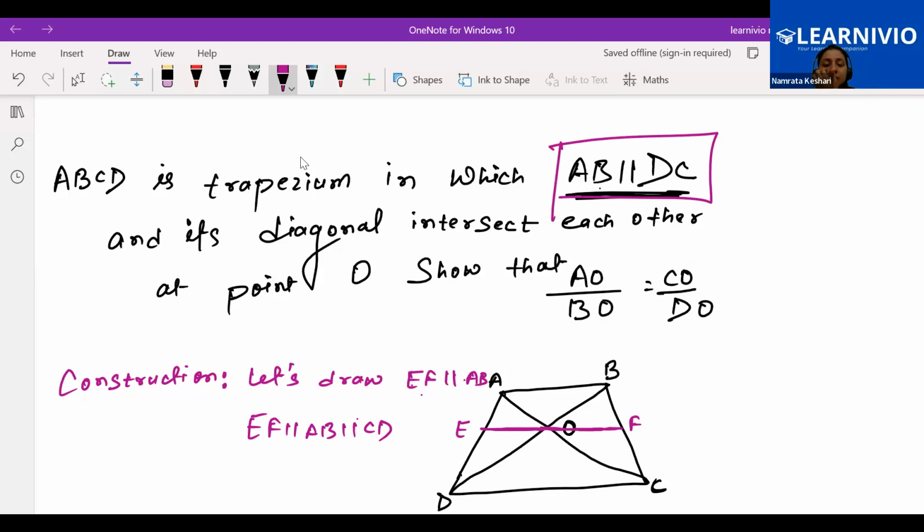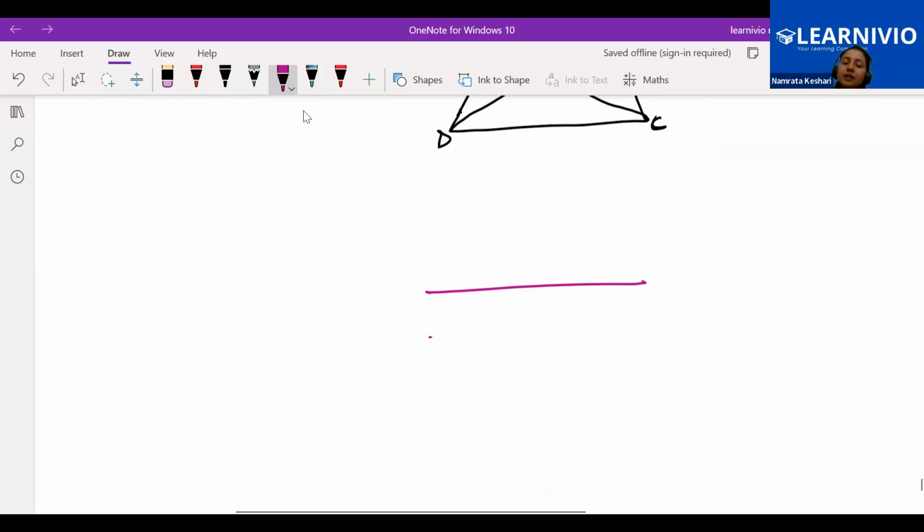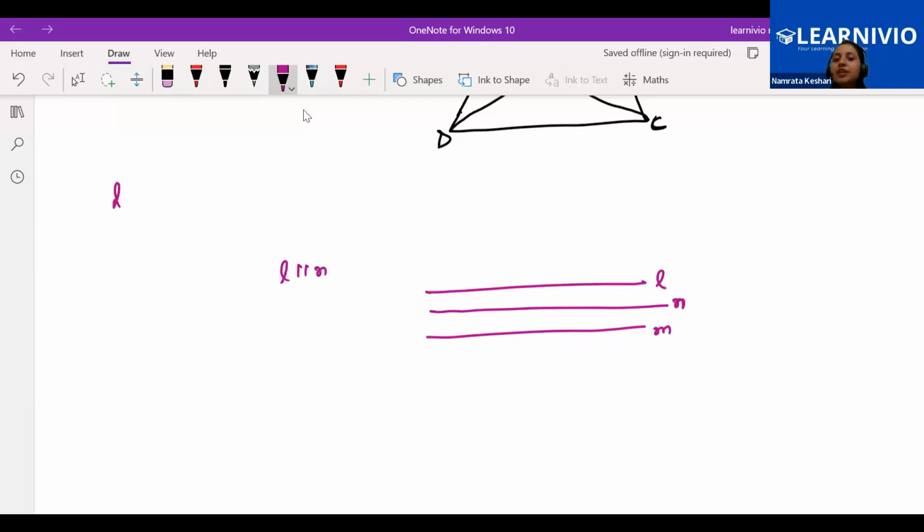There was a theorem in class 9 maybe. If a line is parallel to one of the lines, suppose this L is there and this M is there, together they are parallel, and in between I draw one line N, and I say L is parallel to N, and already we know that L and M are parallel.